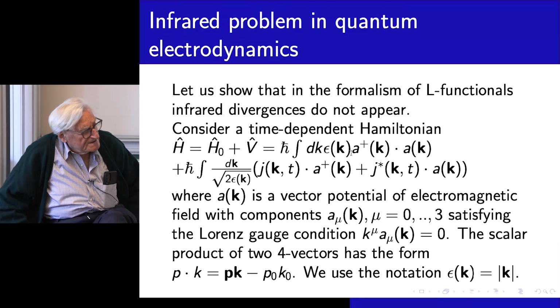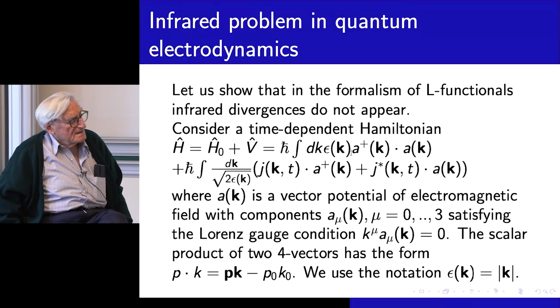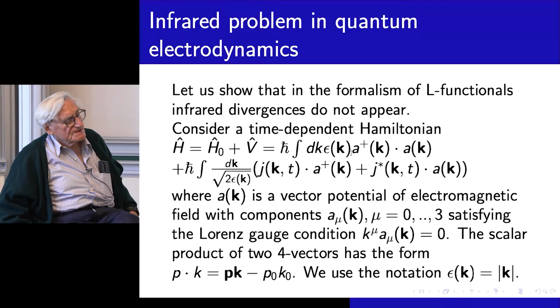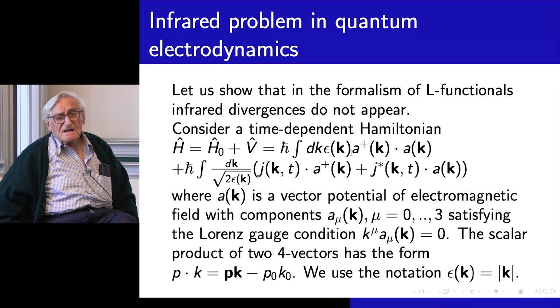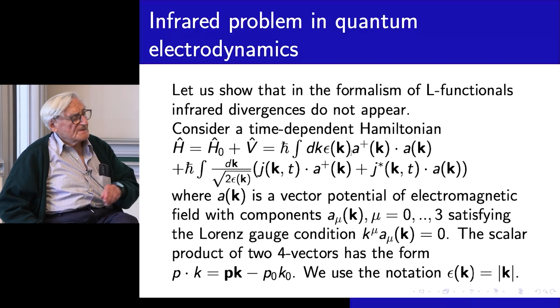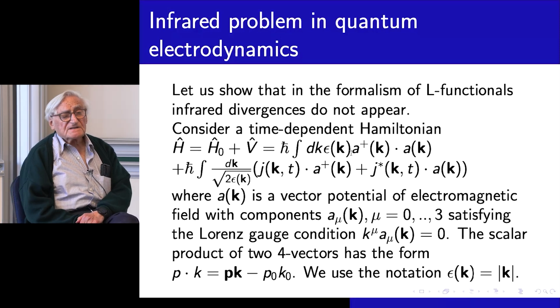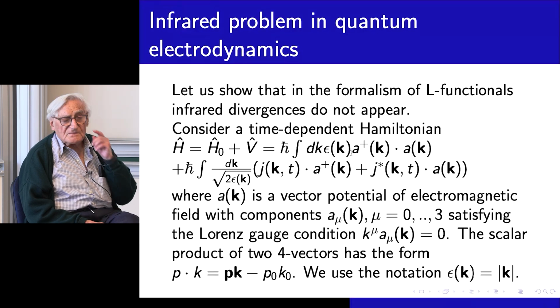But this is a physical interpretation. Another thing that one can say is that the first paper with this understanding of the infrared problem of quantum electrodynamics was a very old paper by Bloch and Nordsieck, where the same conditions were accepted.